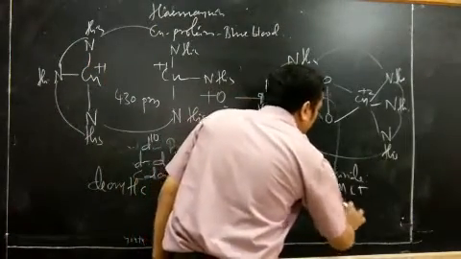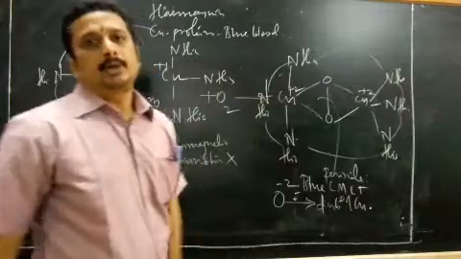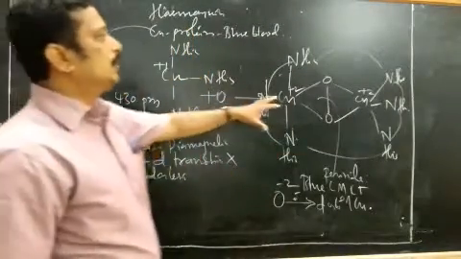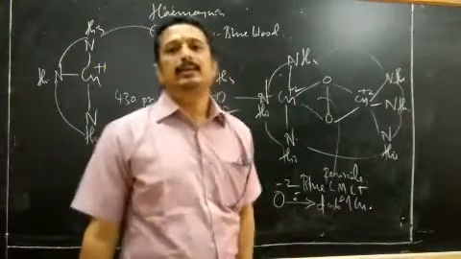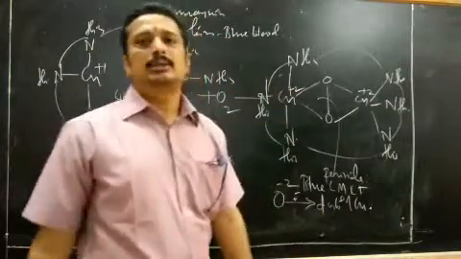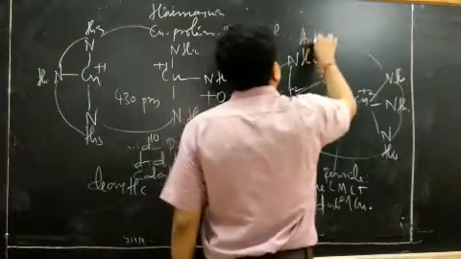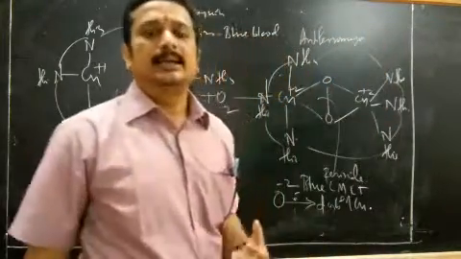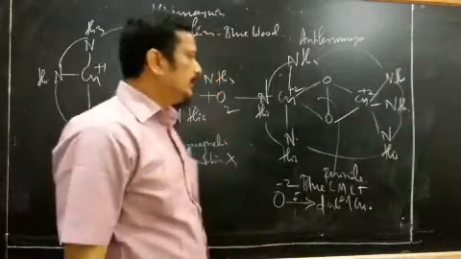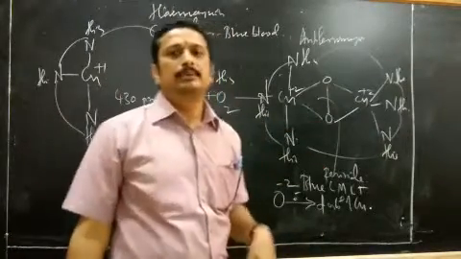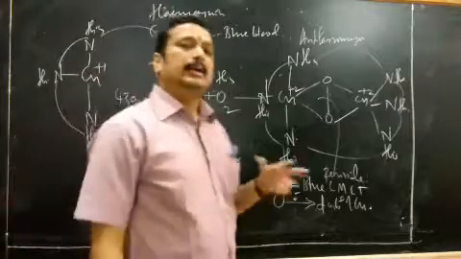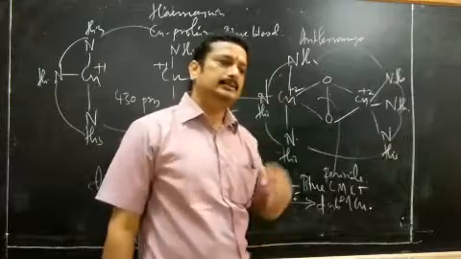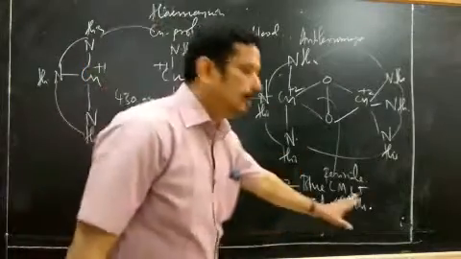This is also antiferromagnetic in nature. +2 is d9, but the arrangement of the electrons is antiferromagnetic, and that's why it should be colorless, being diamagnetic, but definitely it is blue. It is a blue color protein, and this blue color is because of LMCT, where the free electrons of the peroxide are transferred to the empty d orbitals of the copper.